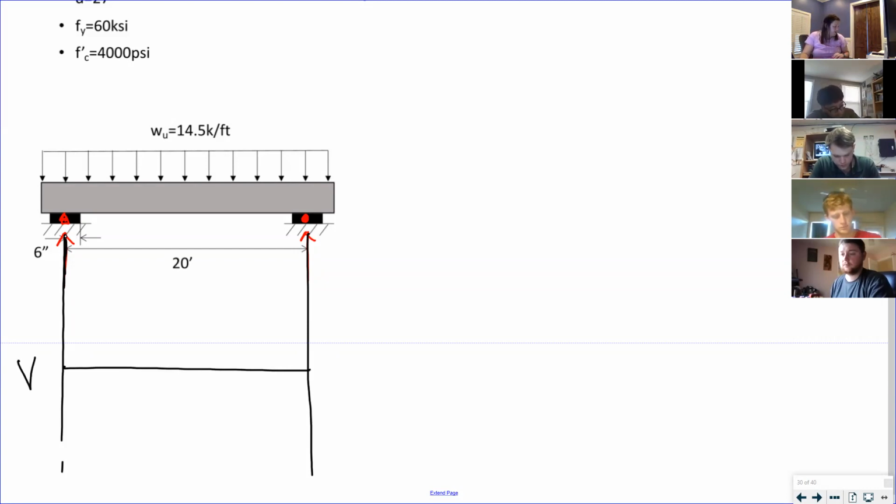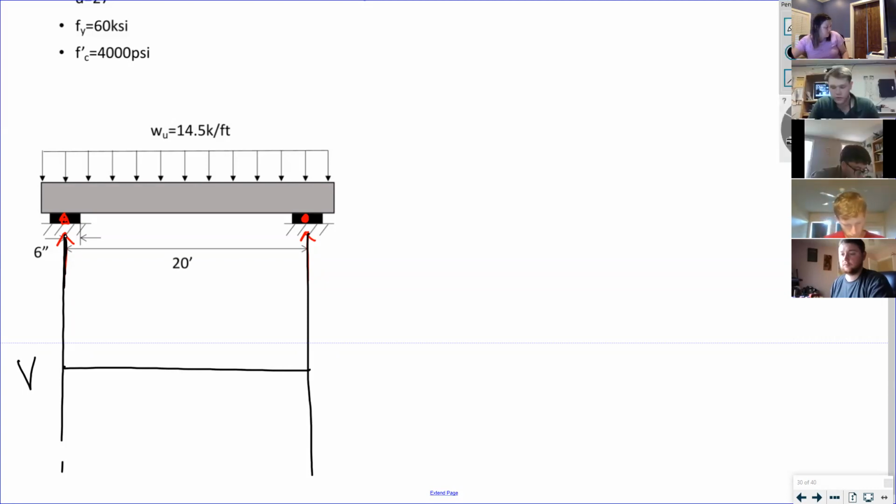What are my reactions for a 20-foot long simply supported beam? I got 145. Right, just 14.5 times 20 divided by 2, right?